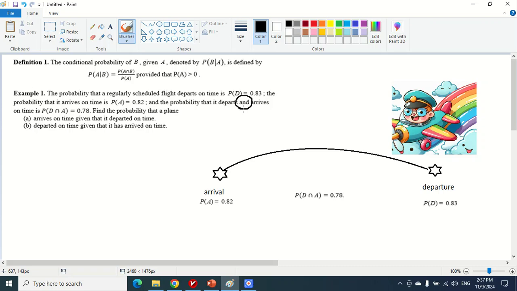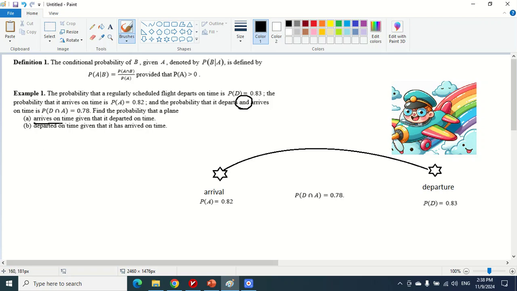I emphasize again about this situation that we have two events, one departure on time, that is 0.83, and one arrived on time, that is 0.82, and the probability that these two events happen simultaneously at the same time is equal to 0.78.